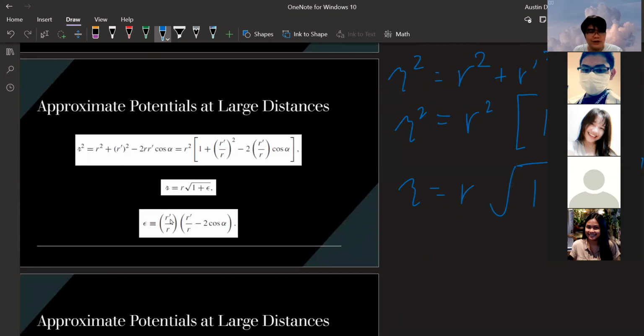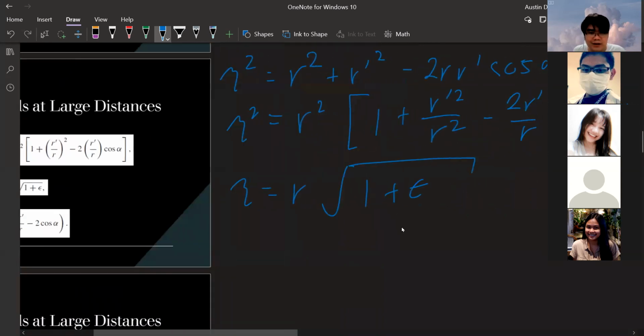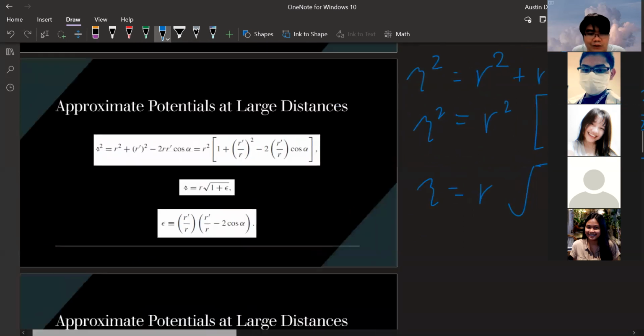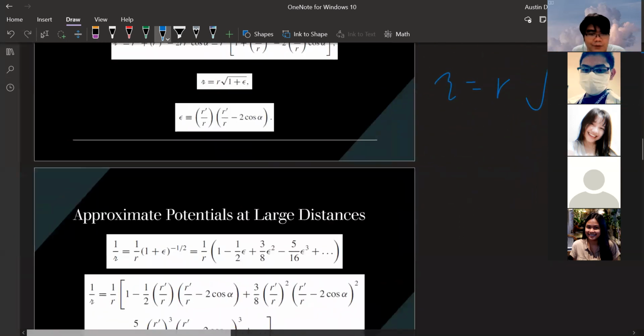Okay? Factor out niya lang yung r prime over r. Okay? So, bakit natin gustong gawin ganito? Kasi this is a binomial and you can have a binomial expansion whenever the first term is much bigger than the second term. Okay? So, pag maliit si epsilon, we can now do our expansion.